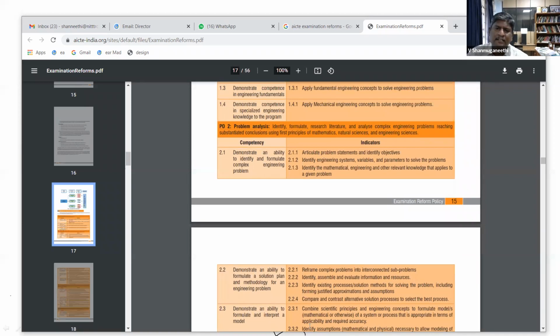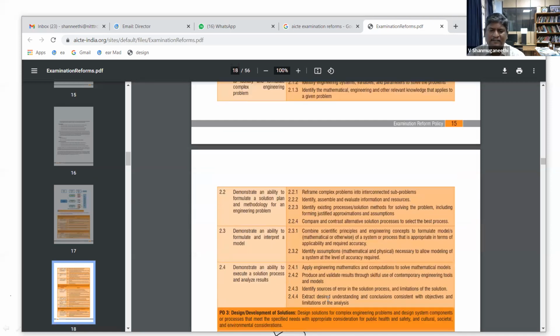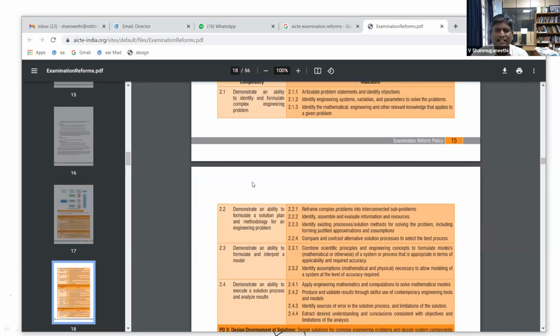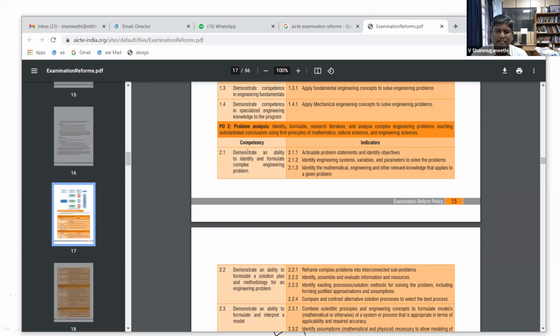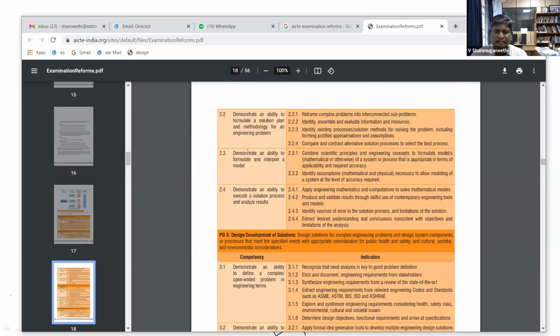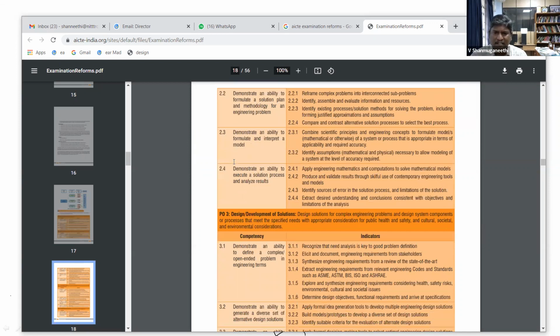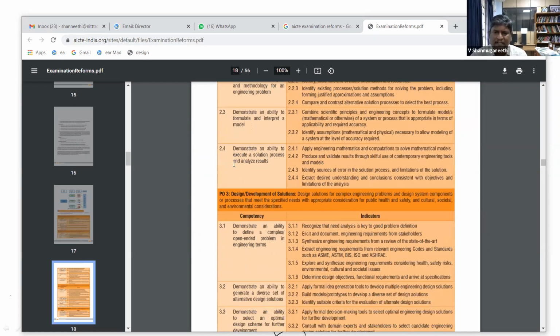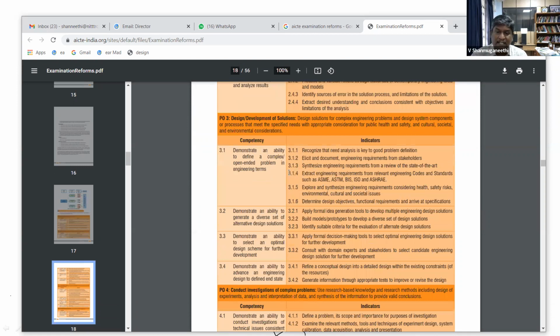In problem analysis, they talk about articulating the problem statement, reframing the complex problem, identifying and assessing, assembling and evaluating information and resources, identifying existing processes, and comparing and contrasting. There are four competencies in PO2. In PO3, they put all four competencies at the level of demonstrate. Whenever the level is demonstrate, you are expecting application ability.